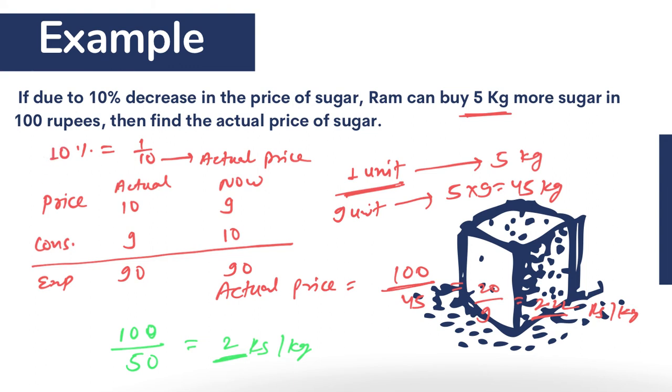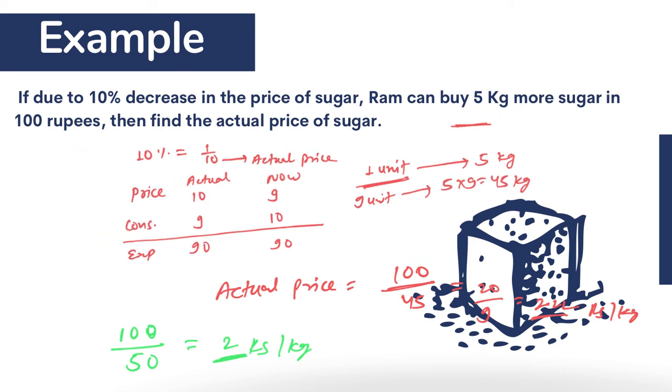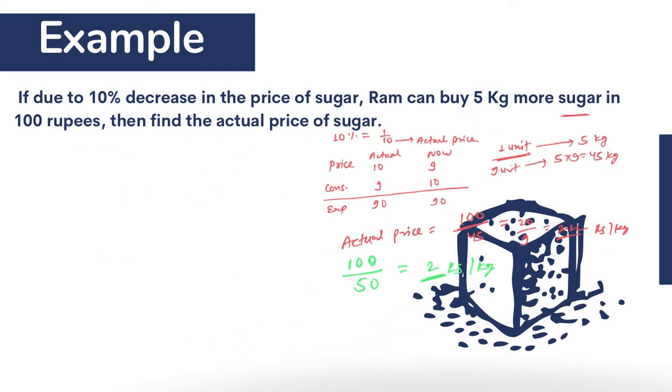How can I solve this same example by formula? So let's see. Formula for actual price is XR into A, divided by 100 minus R. Value of X is here 100, value of R is 10, and value of A is 5.